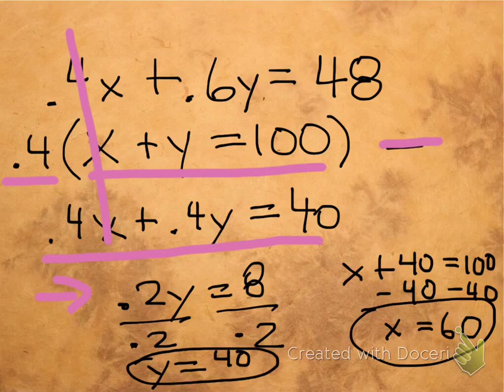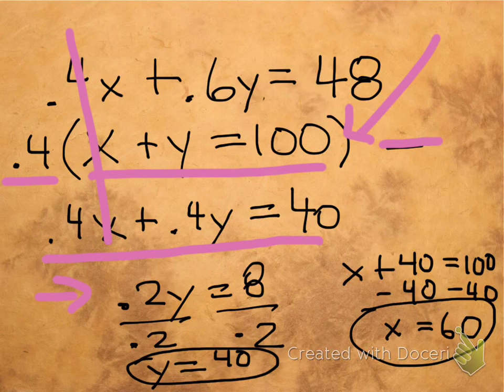Now to get the x, what I did is I plugged it back into my original equation, this equation in parentheses. I plugged in y equals 40, and then I solved for x after I was done.